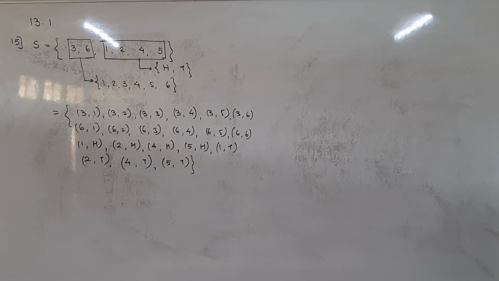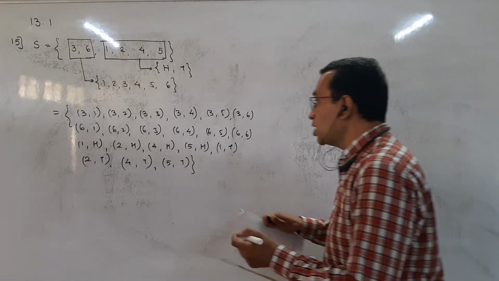Whereas pair 1H has probability 1 by 12 because that is obtained when a dice and a coin is rolled. So different elements have different probabilities, so n is equal to 20 is not possible.